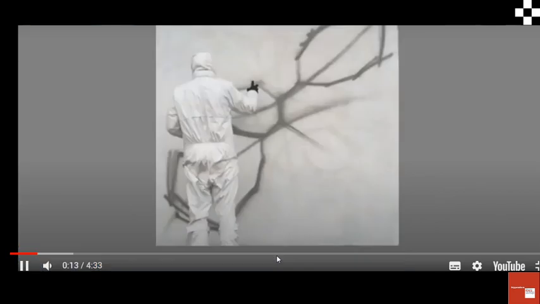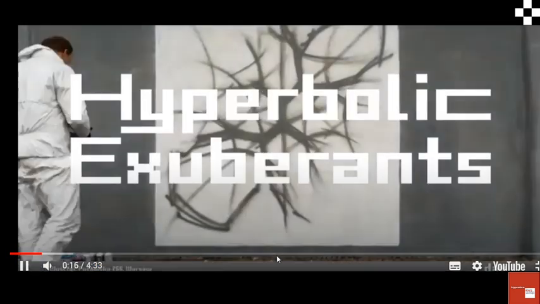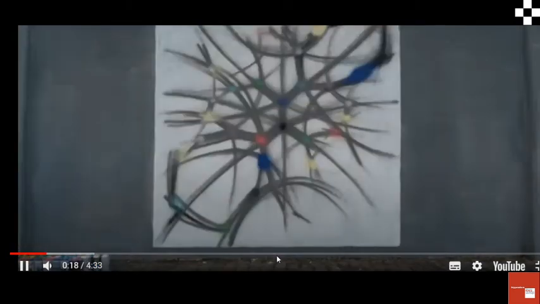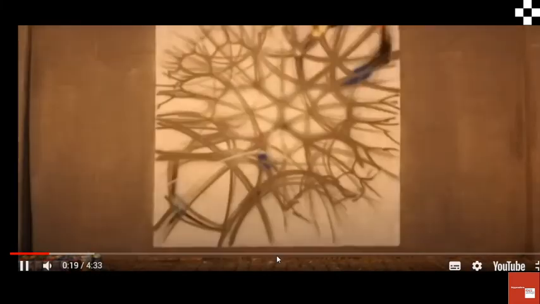Here are all the canvases, and the white one is painted outside. It's called Hyperbolic Exuberance. The music is by my friend Mikołaj Pomas.